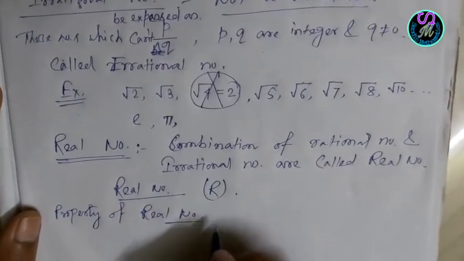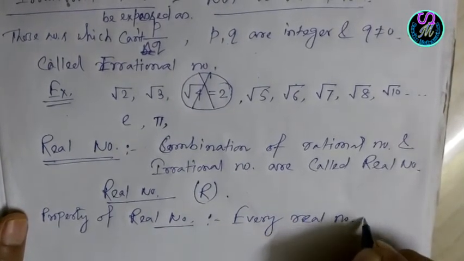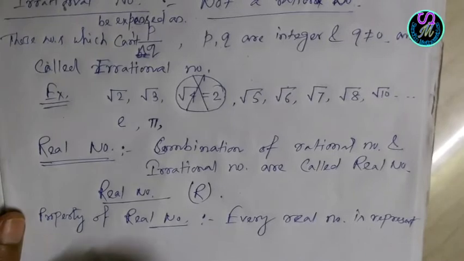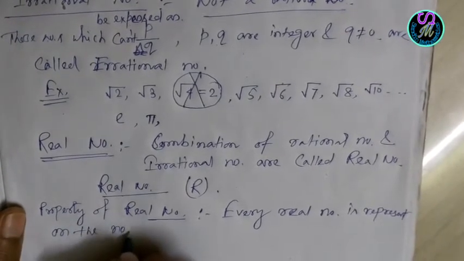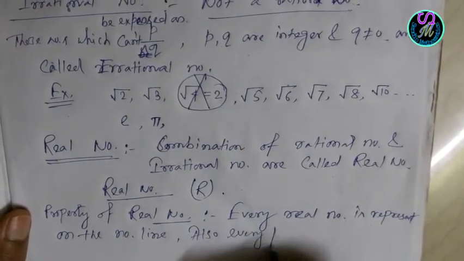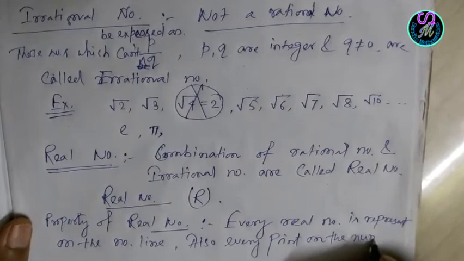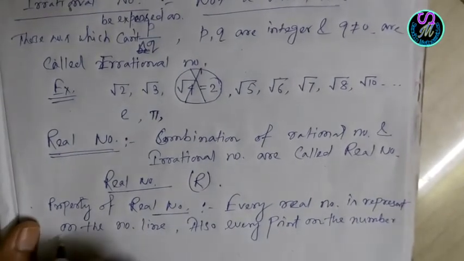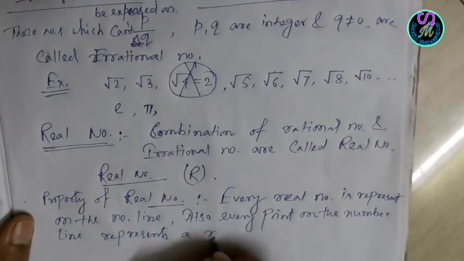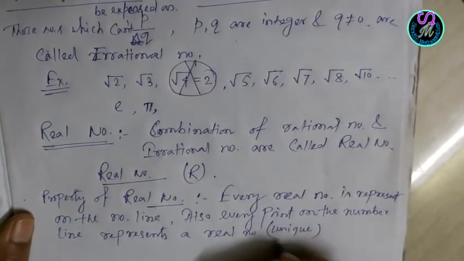The property is that every real number is represented on the number line, and also every point on the number line represents a real number, and this is unique. That means only one.